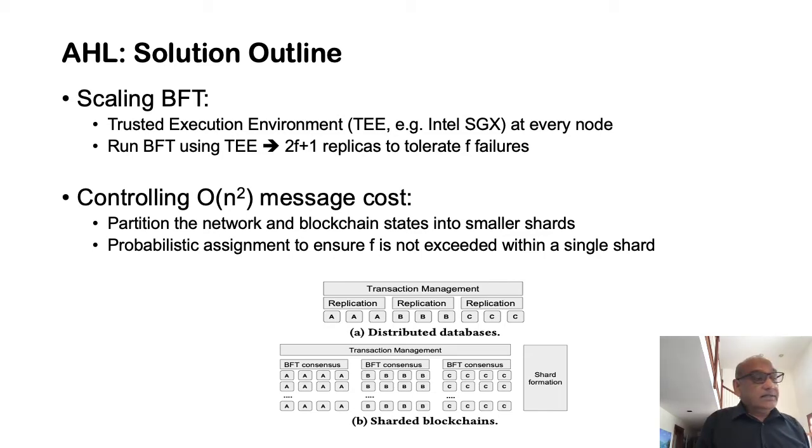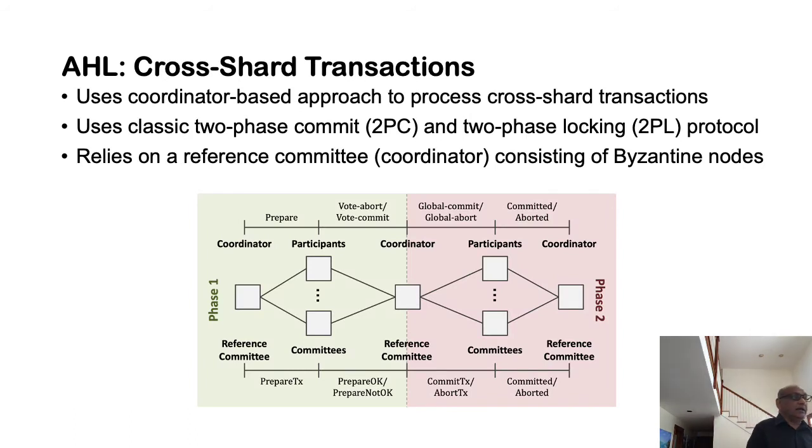For that, they basically use a coordinator-based approach, which is used in distributed databases in the classical two-phase commit and two-phase locking protocols, except for the difference that they cannot rely on having a single, centralized coordinator. The centralized coordinator can be a problem for two reasons.